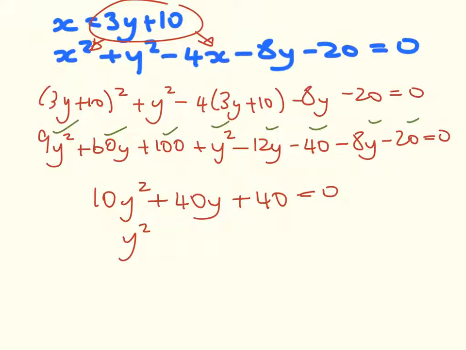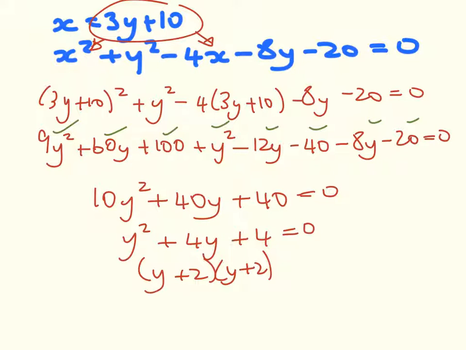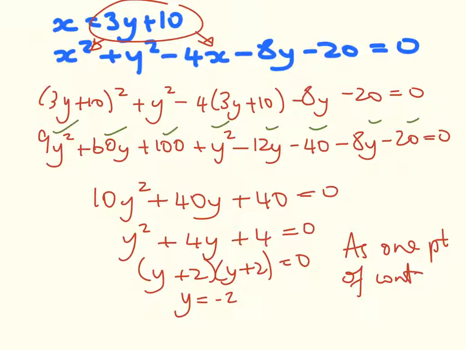Dividing by 10 gives us y squared plus 4y plus 4 is equal to 0. Factorising this, we get y plus 2 squared is 0. That gives us the y coordinate is negative 2. And as there's only one point of contact, that tells you that there must be a tangent.